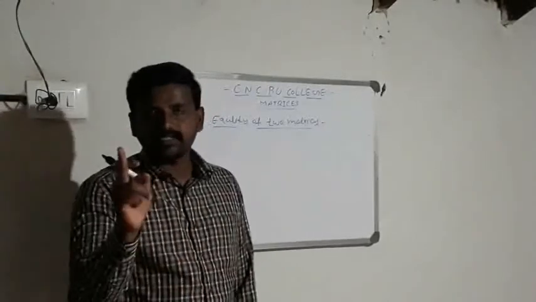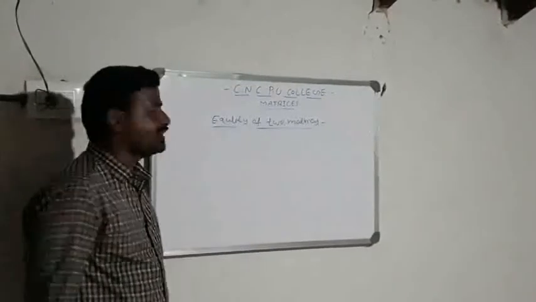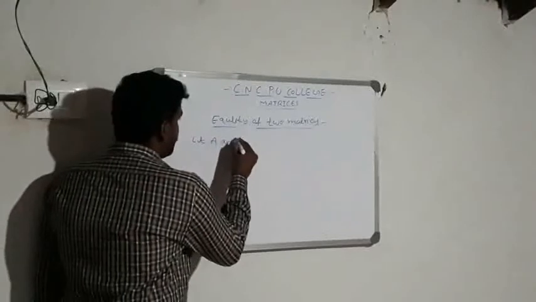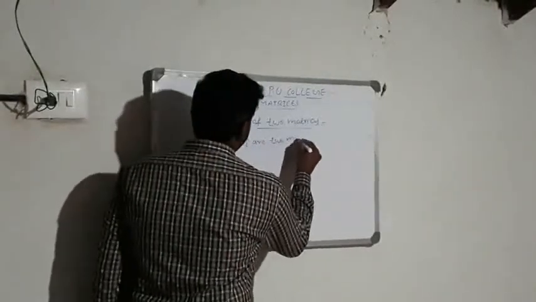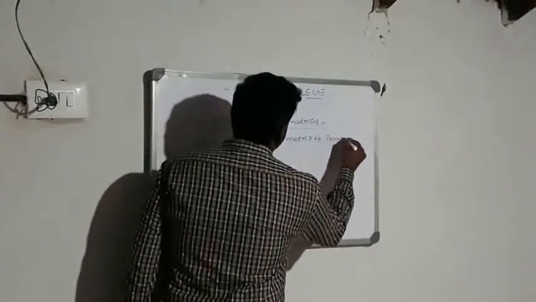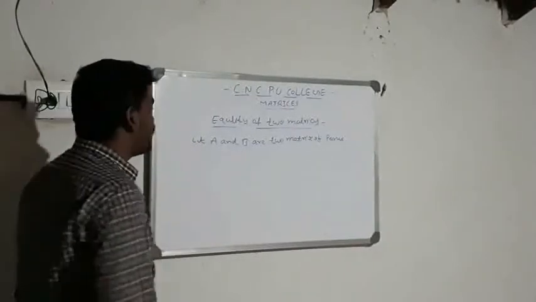Matrix means one single matrix. Suppose A and B are two matrices of the same order.